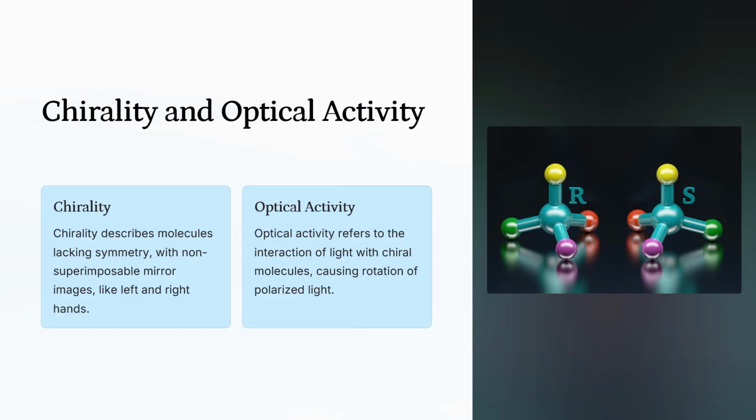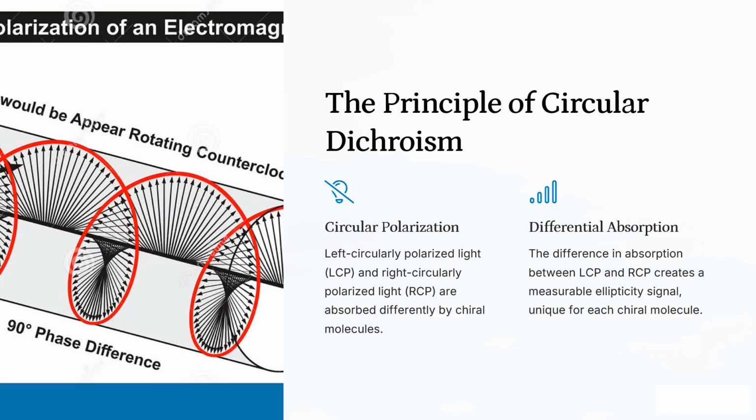Now, optical activity refers to the interaction of light with chiral molecules, which causes rotation of the polarized light. CD spectroscopy exploits this property to study chiral molecules. The principle of circular dichroism lies in the interaction of circularly polarized light with chiral molecules.